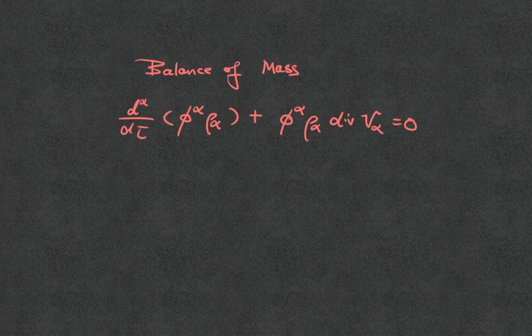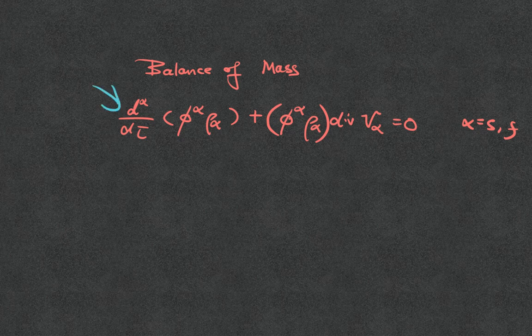And here I'm considering only two phases, alpha equal to S, solid, or F, fluid. So far so good. Basically just these two terms. Let me take out this term.